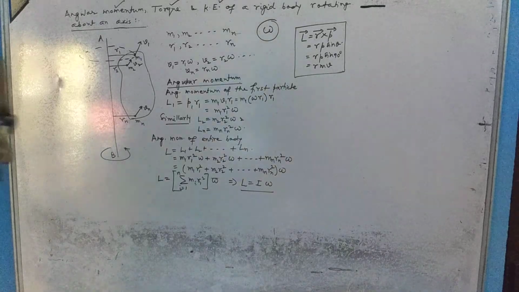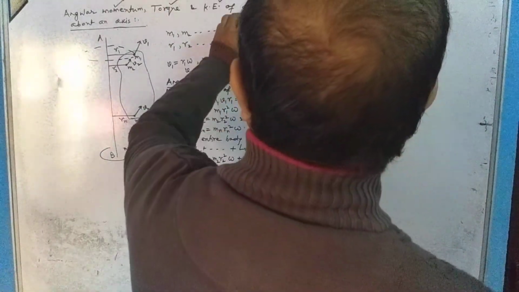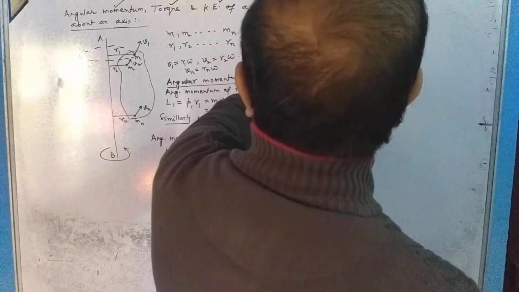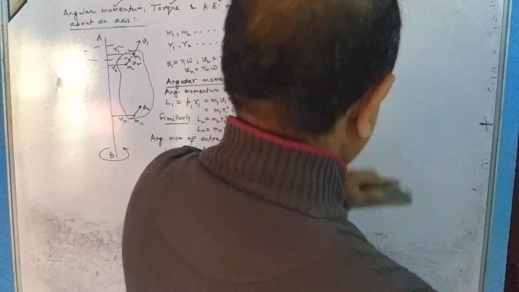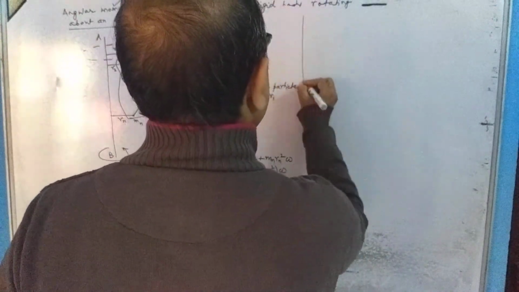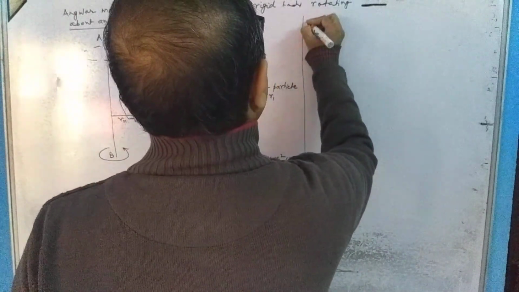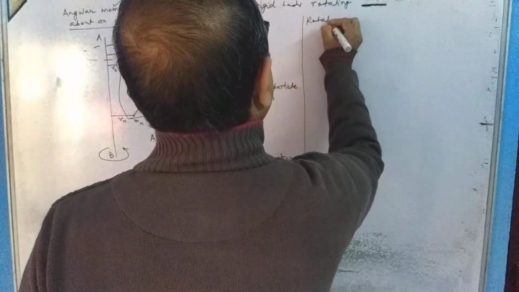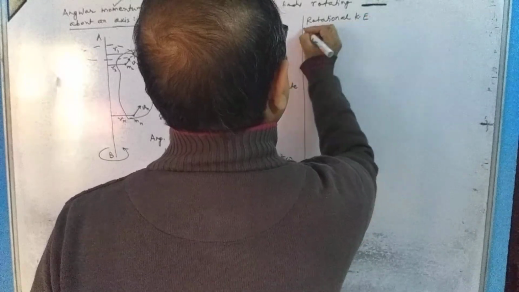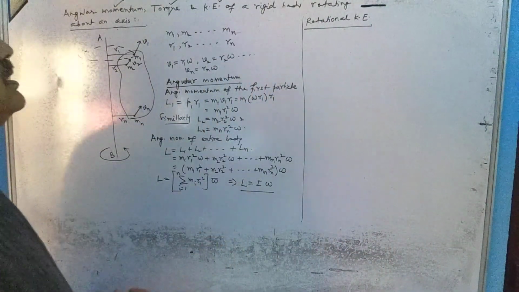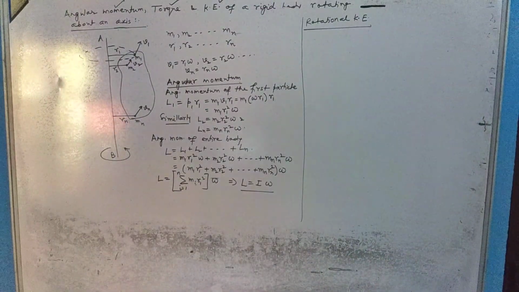Now I hope you have seen this. I am removing this from here. Let us now come to our next part of the discussion, that is rotational kinetic energy. Let us consider the kinetic energy.